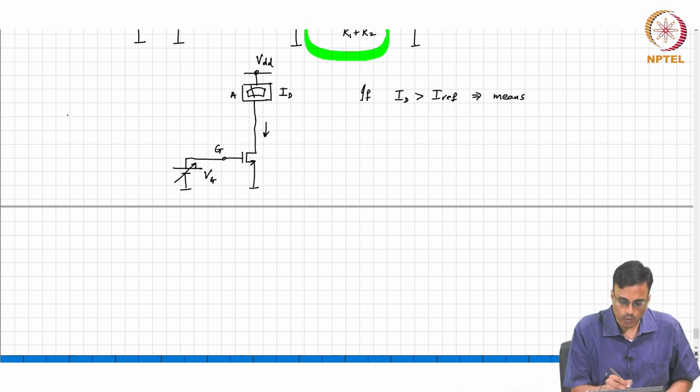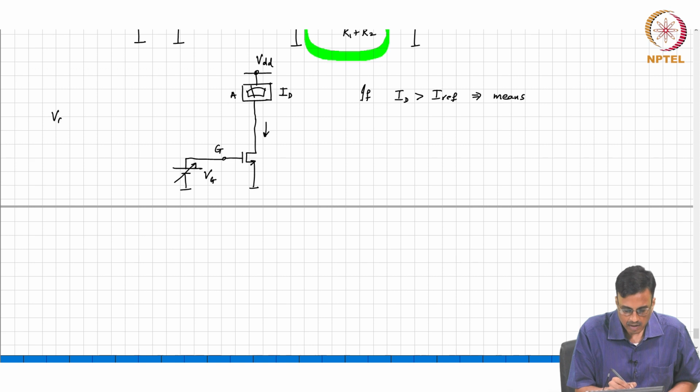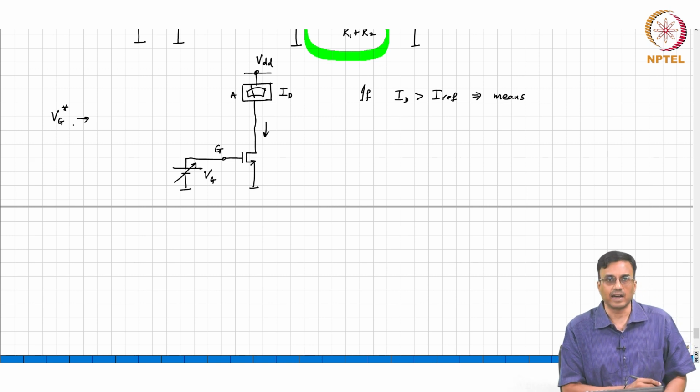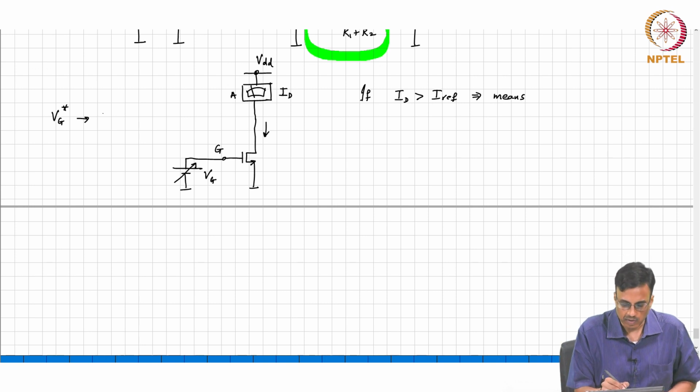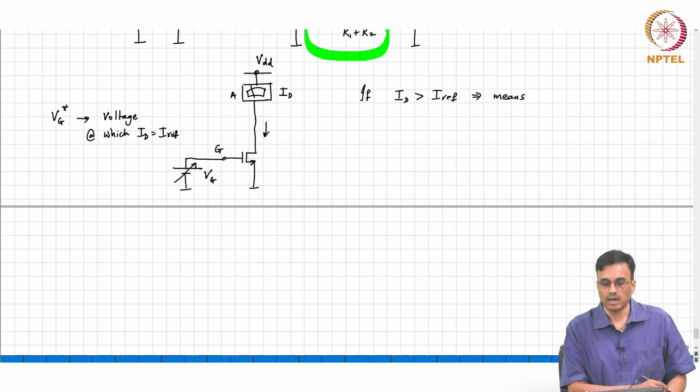Let us say the magic voltage at which the drain current is ID is some Vg star. So this is ID equals Iref.